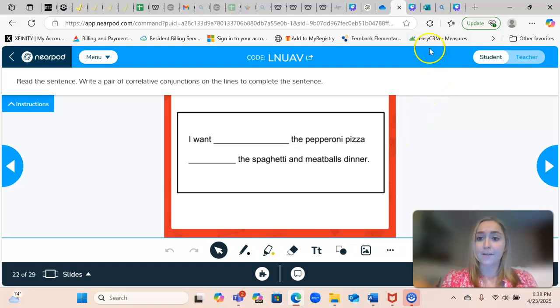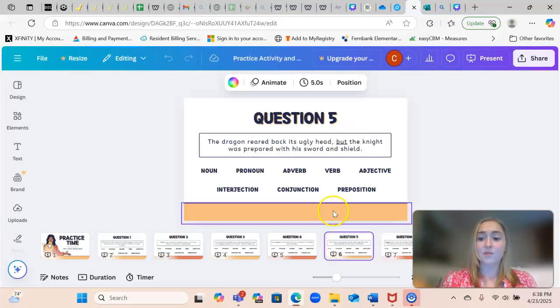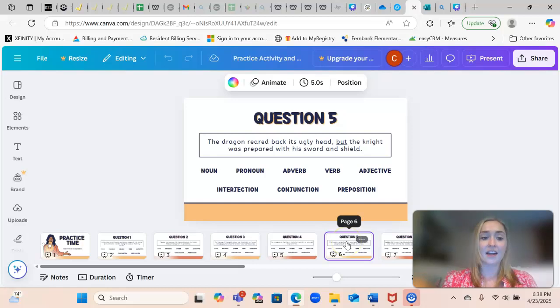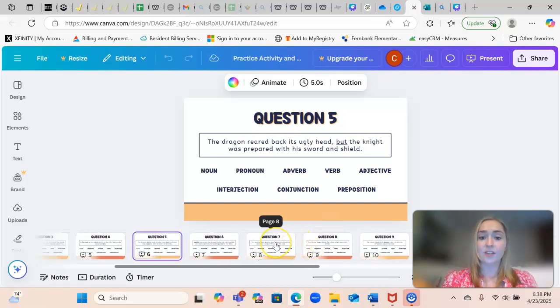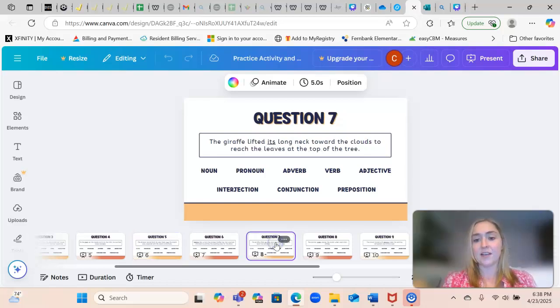So then that Friday, it was assessment day, which is very typical in our class. But before we moved on to our assessment, students had another digital tool through Canva, and we took the questions that were on their quiz and modified or differentiated them in the Canva.